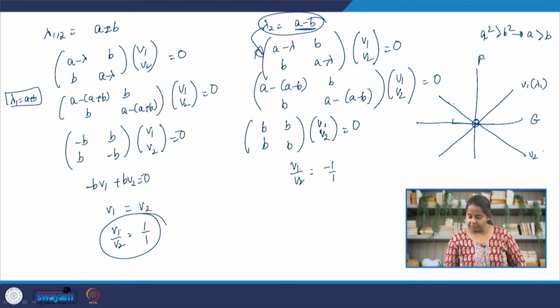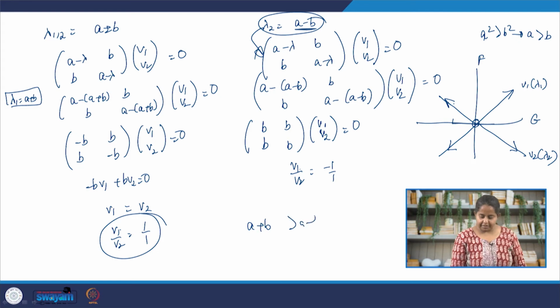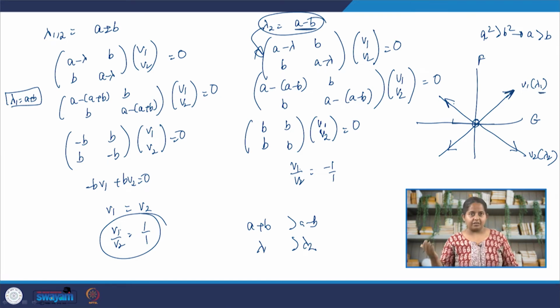This is corresponding to V2 and lambda 2, repelling in both directions. If A and B are both positive, A plus B is going to be bigger than A minus B, correct? Which means lambda 1 is going to be bigger than lambda 2, which means that V1 is going to be the faster eigenvector, V2 is going to be the slower eigenvector.